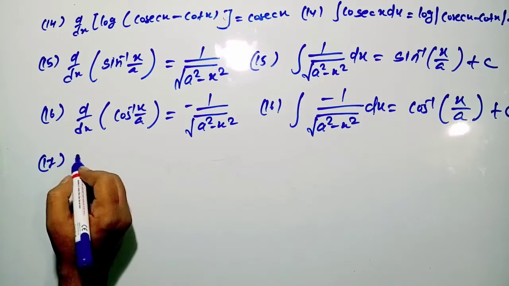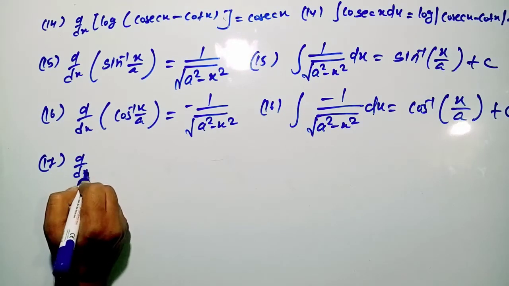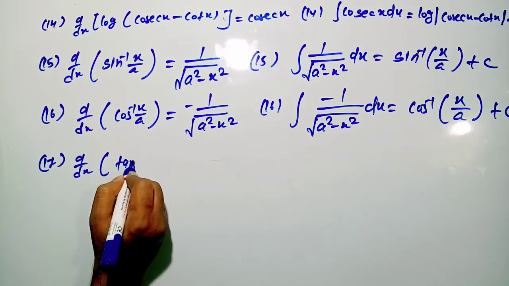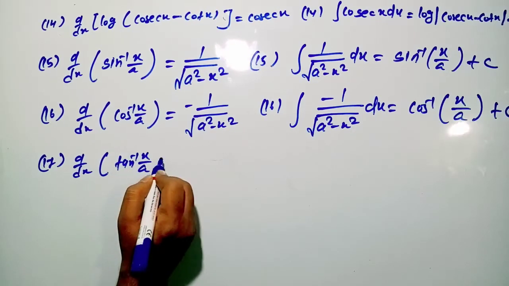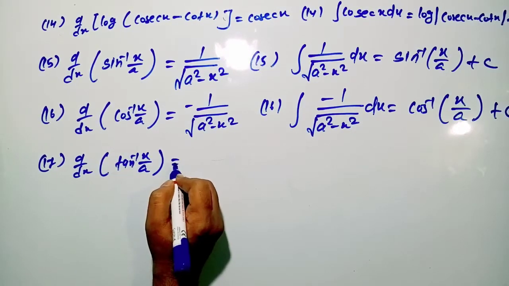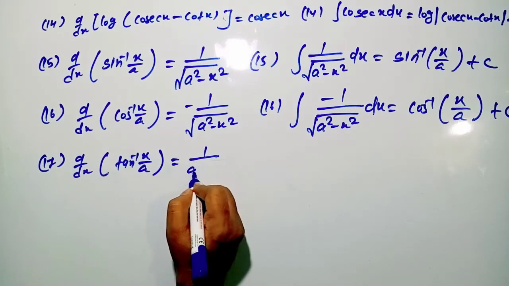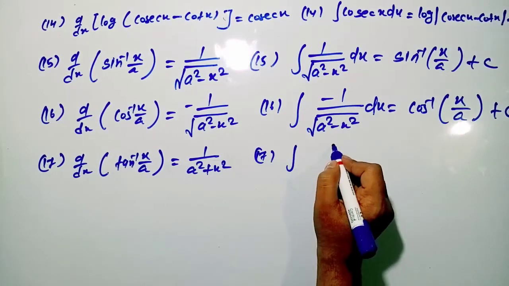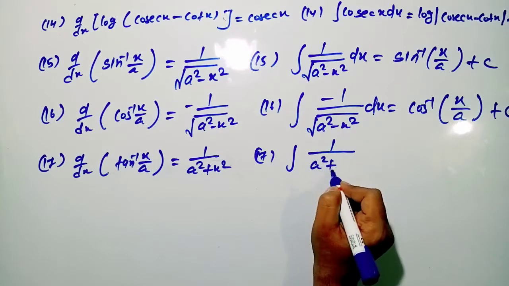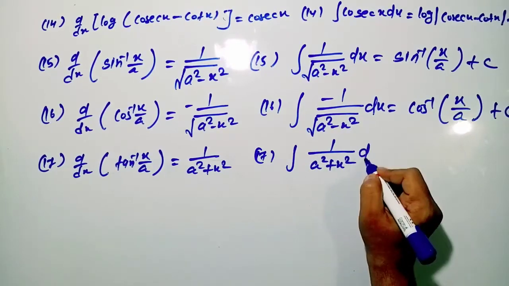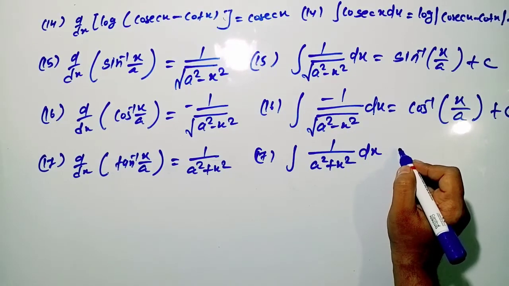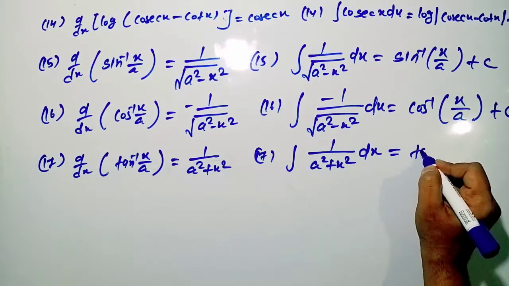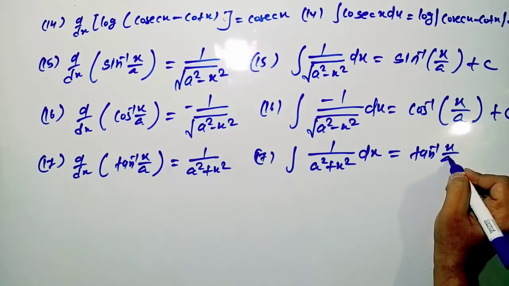Number 17, differentiation of tan inverse x upon a is equal to 1 upon a square plus x square, and its integration of 1 upon a square plus x square dx is equal to tan inverse x upon a.